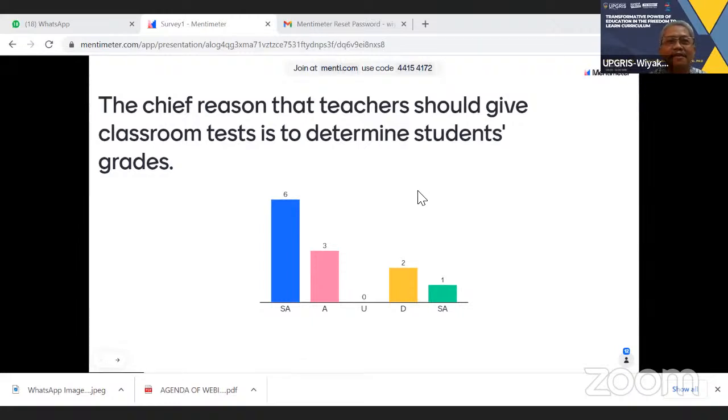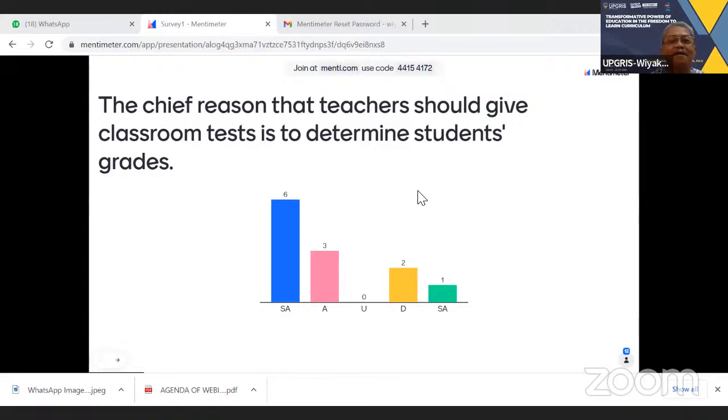Just like earlier, I said that we give tests just because it is time for testing, not because it is the way I can monitor my teaching. So it is true that most of the respondents in this room select strongly agree.